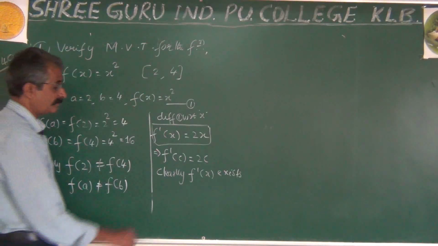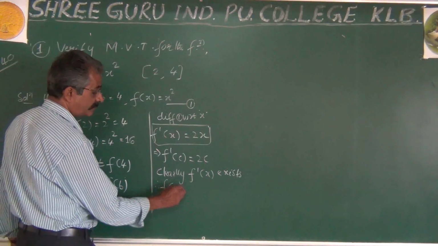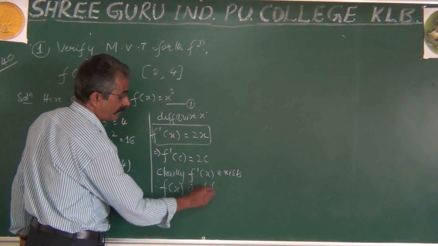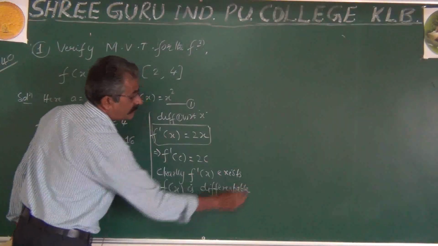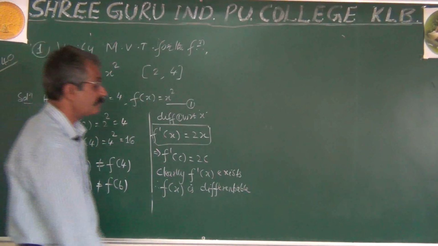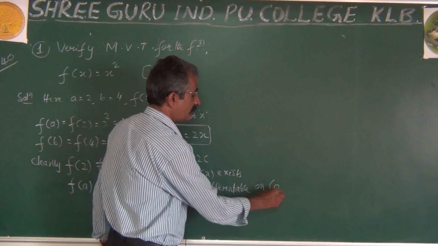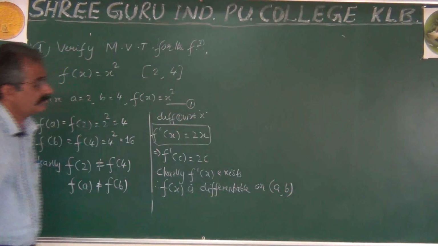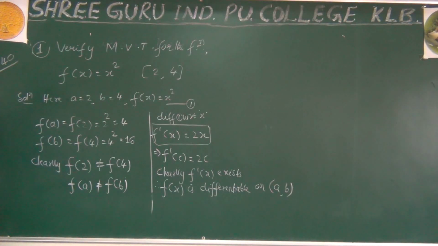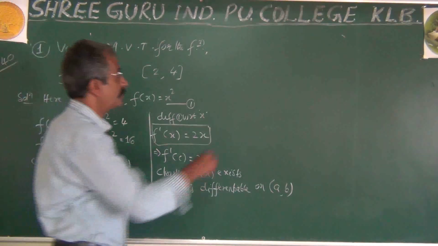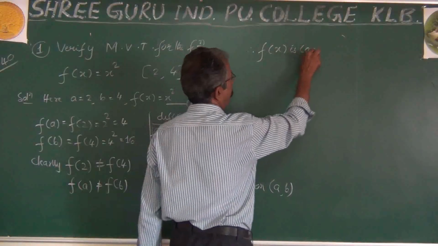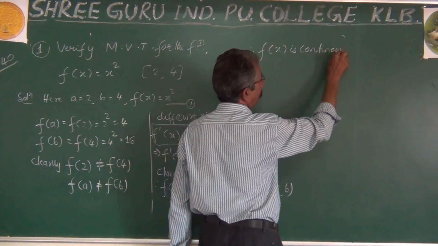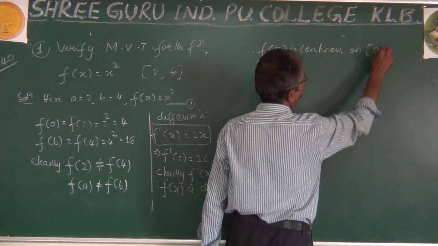F of x is differentiable, and for differentiability, take the open interval a comma b. But the standard theorem says that every differentiable function is always continuous. Therefore, f of x is continuous on the closed interval a comma b.